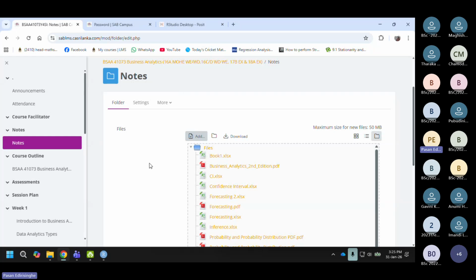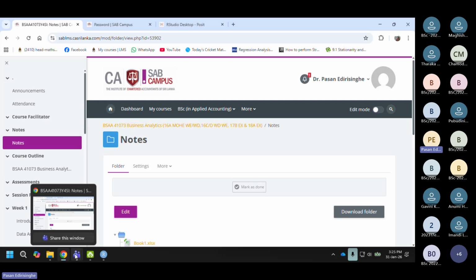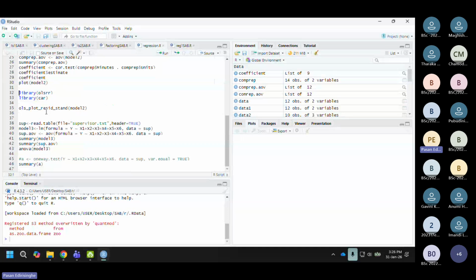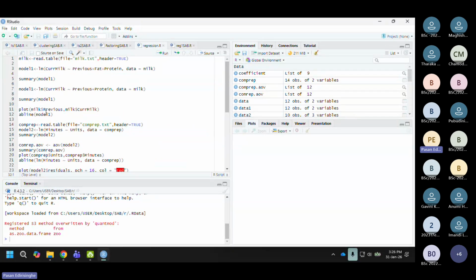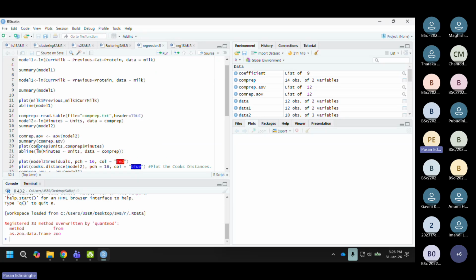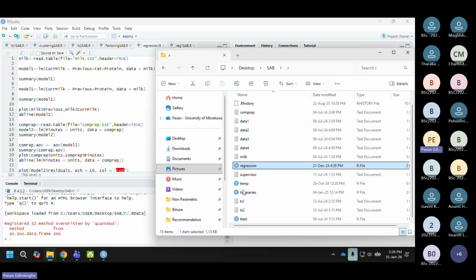I've just uploaded those two, and then I have to check which data sets we are using. For the first file, this is regarding the regression work. There are several packages, and then time series.